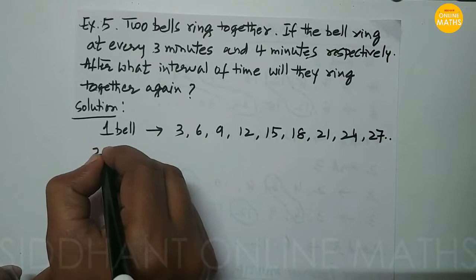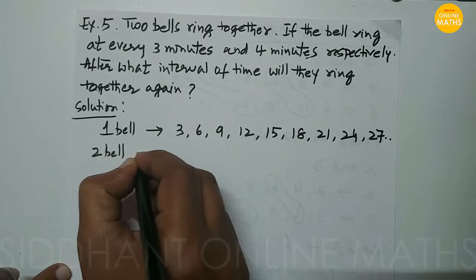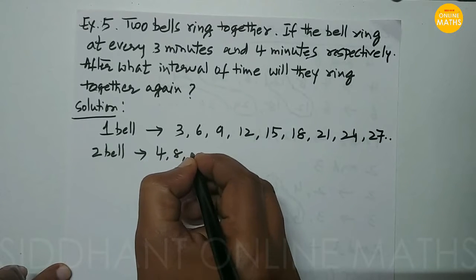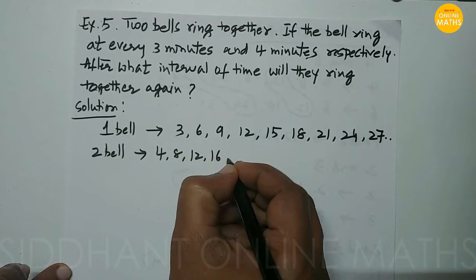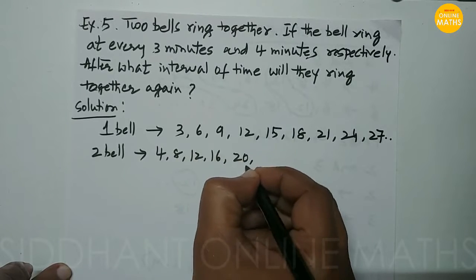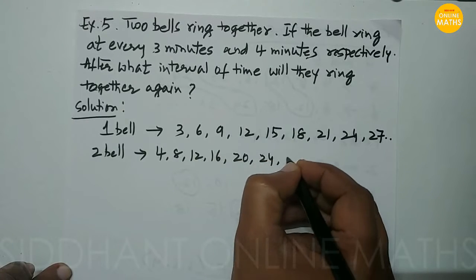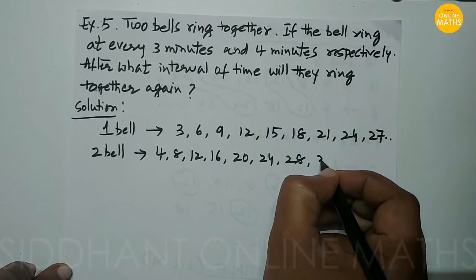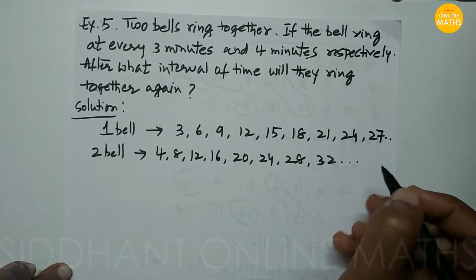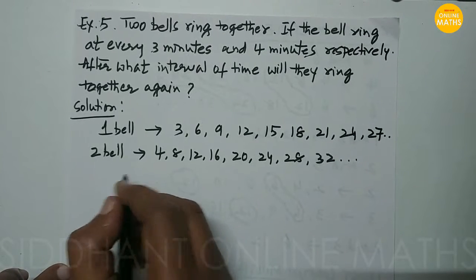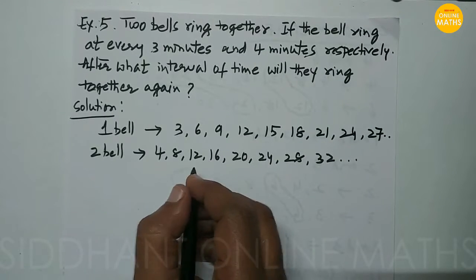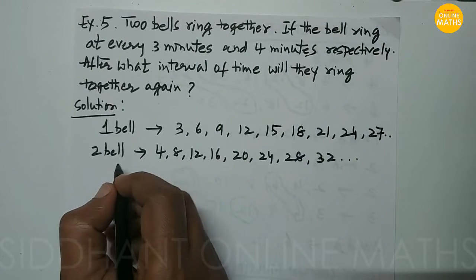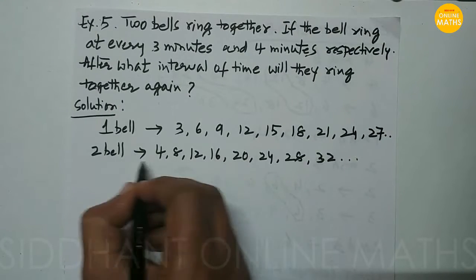Now the second bell rings every 4 minutes. That means 4, 8, 12, 16, 20, 24, 28, 32. In this way we see the second bell, for every 4 minutes it will ring. Now we are going to talk about the common intervals.